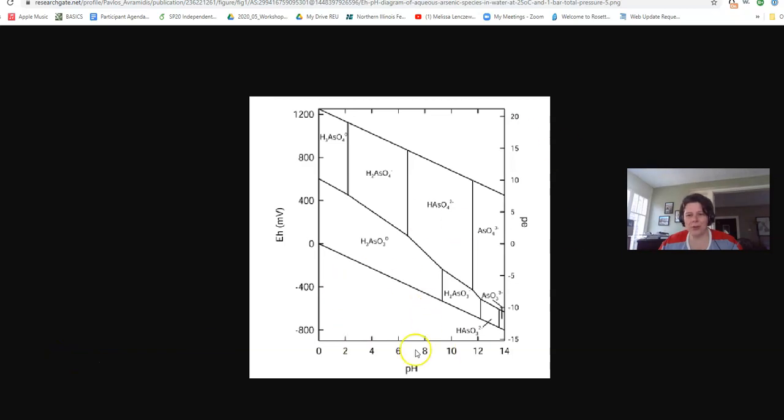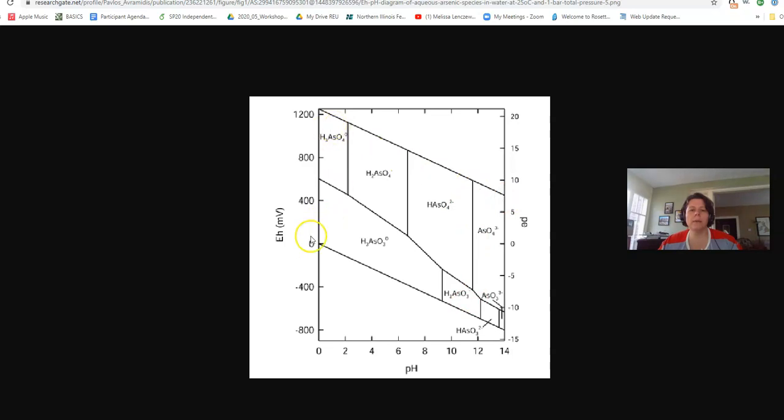So this one is for arsenic. Here again, pH is 0 to 14, and here your Eh is in millivolts. What usually happens with these diagrams is you get this upper line here and this lower line down in here, and these basically bound natural systems. I'm not talking about weird systems like on other planets or really super deep. I'm talking about normal groundwater systems and normal water.